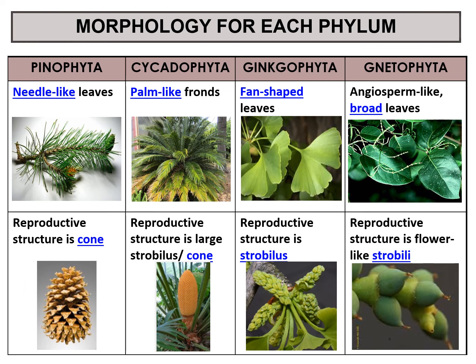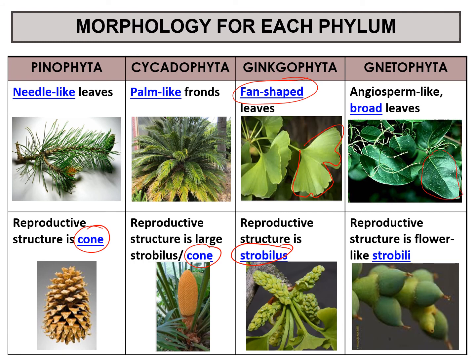Reproductive structure of Pinophyta, Coniferophyta, cone. Same with Cycadophyta, but for Ginkgophyta, already named as strobilus, it has fan-shaped leaves, bentuk kipas ni. For Gnetophyta, dia dah macam angiosperm because it has broad leaf.